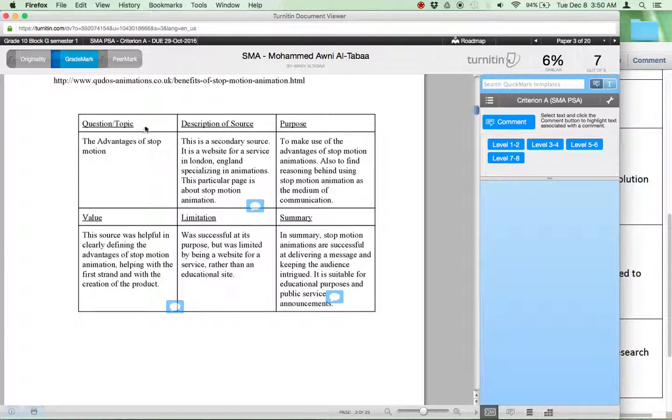He has his structure: what's my question, what's my source, the purpose, value and limitation, which is pretty much pros and cons, and you summarize it, you justify. His wording is a little different, but he still has all of them. Let's say that again. Has the question, has sources, purpose, or the reasoning or logic behind it, pros and cons, and justify. And he has his links.